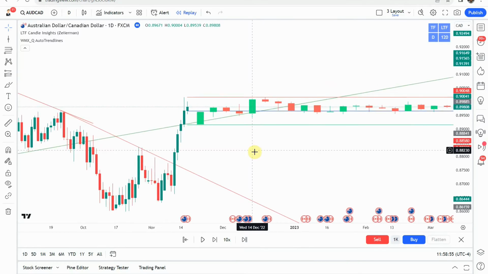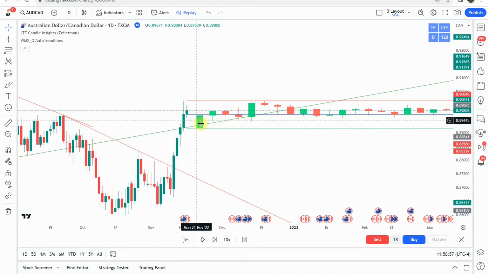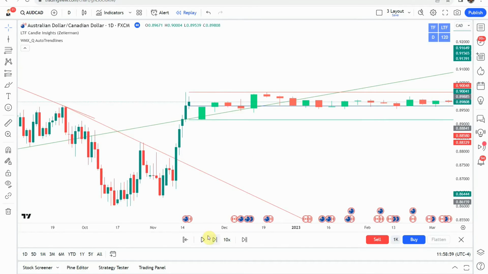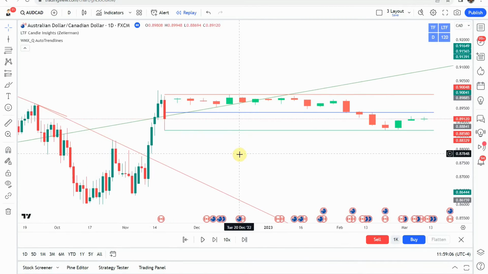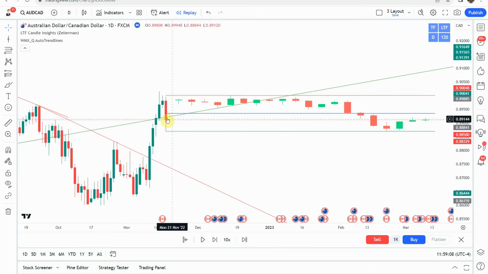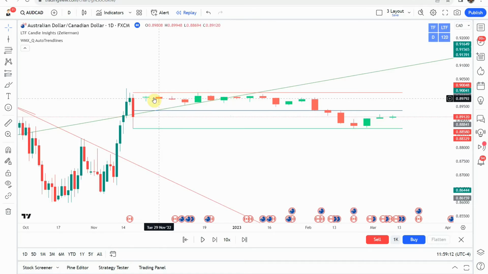So we are now looking for a bullish long trade. We're going to look for price to come back and touch that green trend line. We have that now. And now we are looking for a nice rejection, so a green bar, and then we are looking for the LTF candle insights to trade above this blue center line right here.